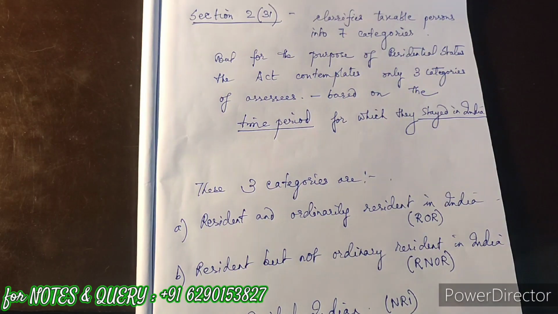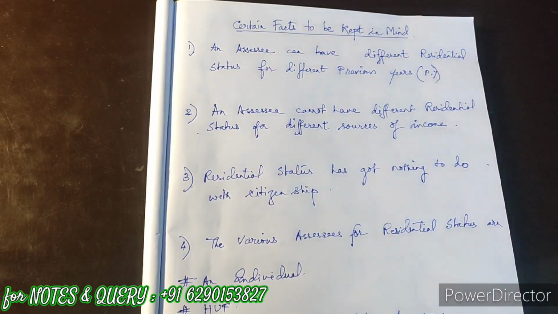Okay. Now, before we go into the further details of this chapter, we should keep certain things in our mind. Number one is an assessee can have different residential status for different previous years.